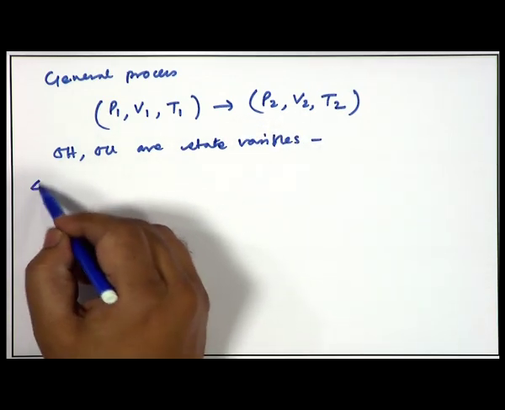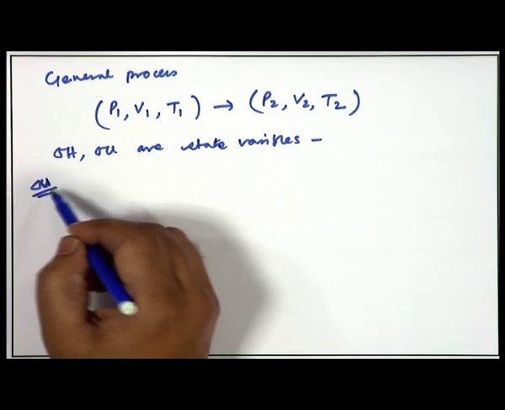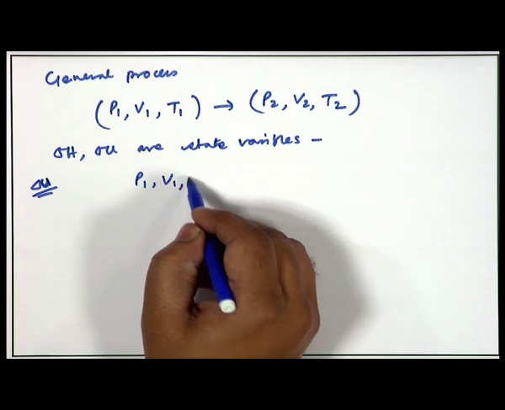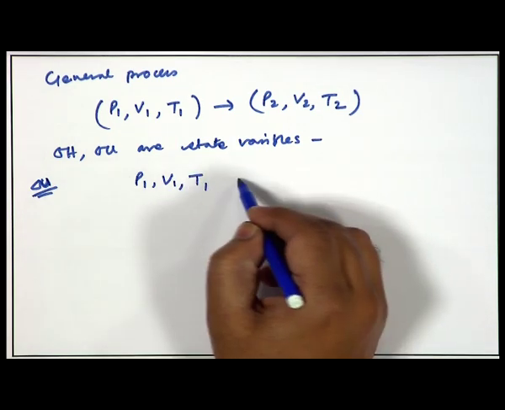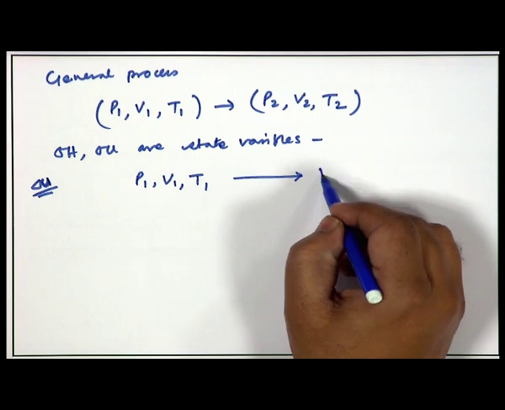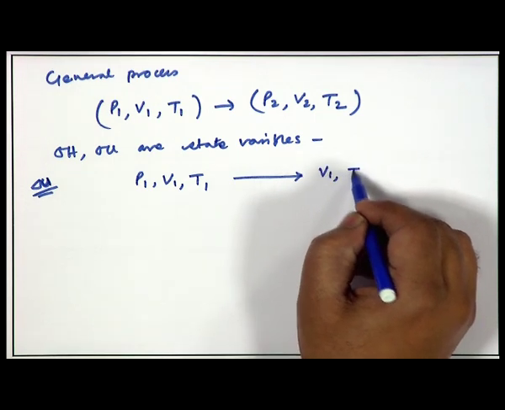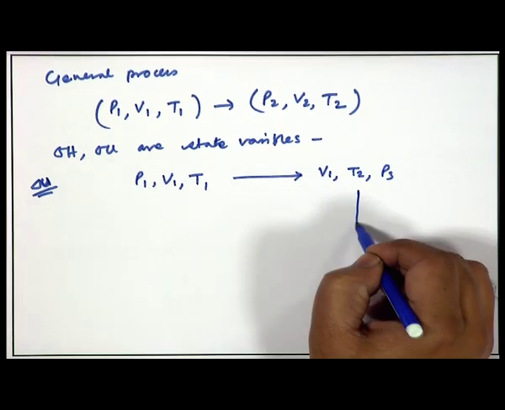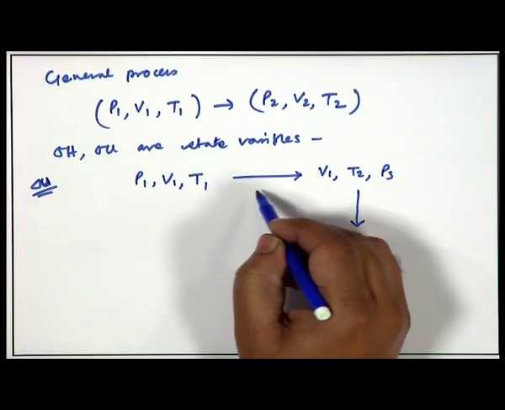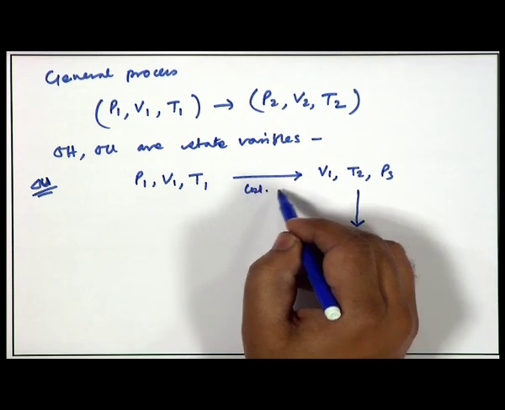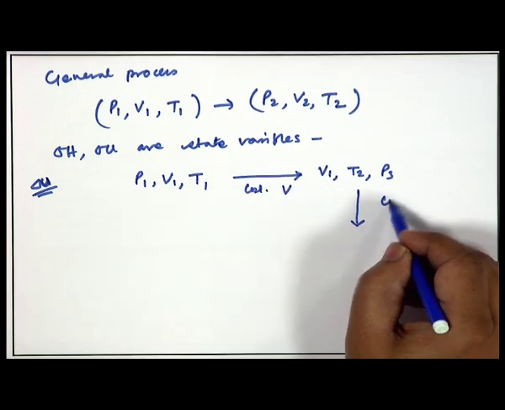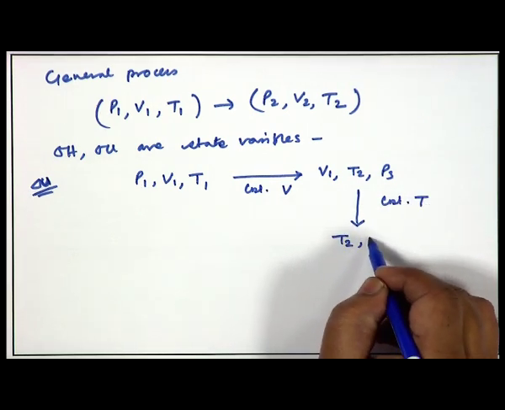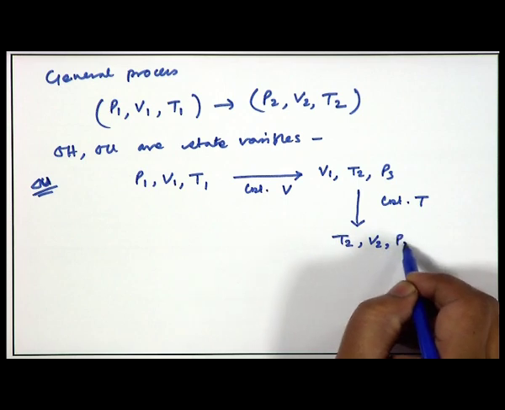For example, if I want to get del U, let me break this process into two steps, T1, V1 to T2, V1 and some other pressure P3, and then this is at constant V, and next is constant T, T2, V2 and P2.